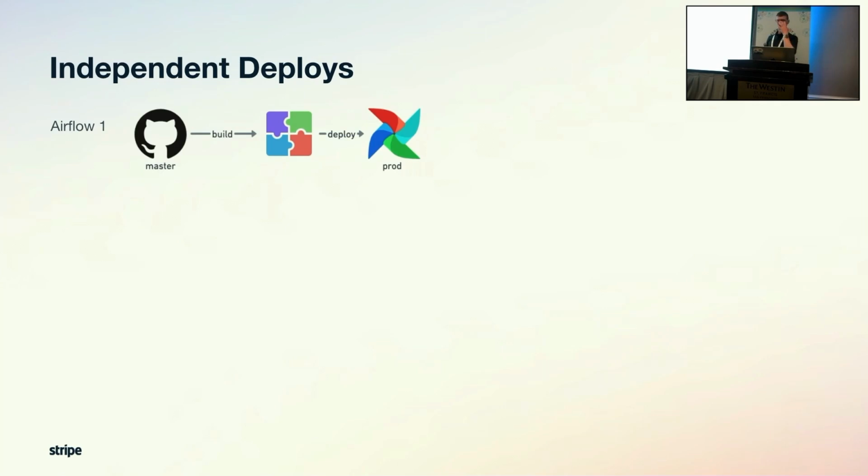So I think as previously mentioned, we're in the process of upgrading from a highly customized Airflow 1 based system to a hopefully not customized, upstream compatible Airflow 2 system.